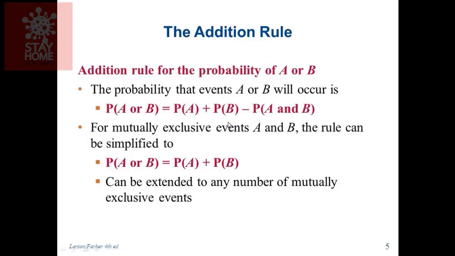So these are the rules. The probability that event A or B will occur is the probability of A plus the probability of B minus the probability of A and B if overlapping, so you have to subtract. If there is no overlapping, no need to subtract.